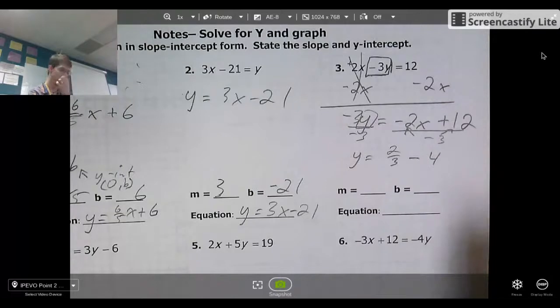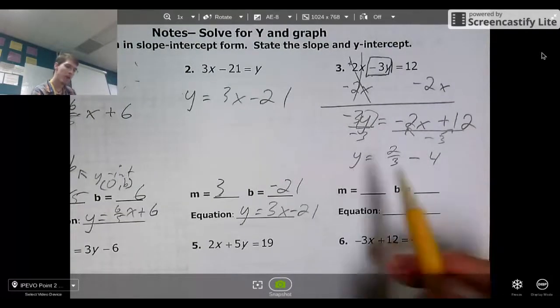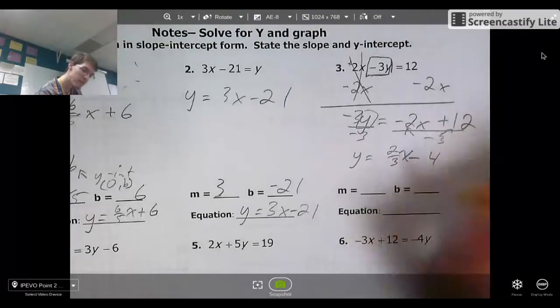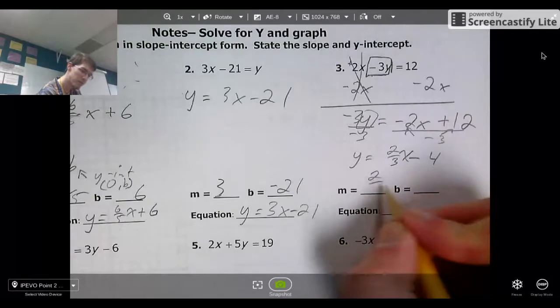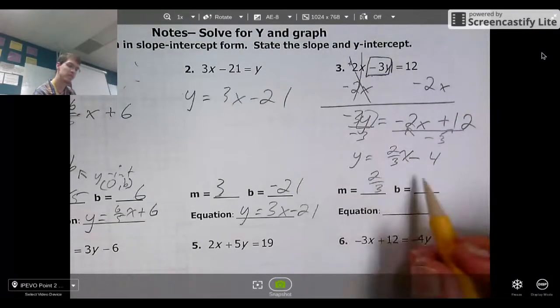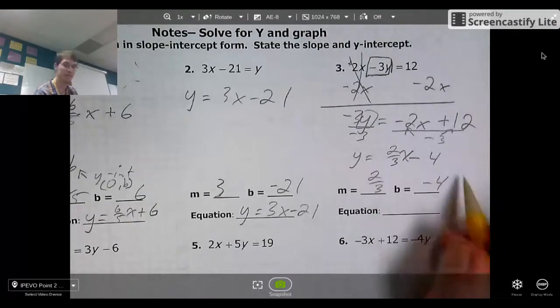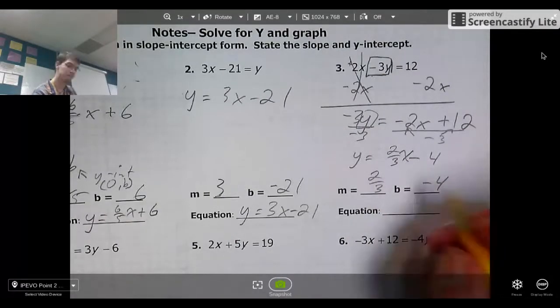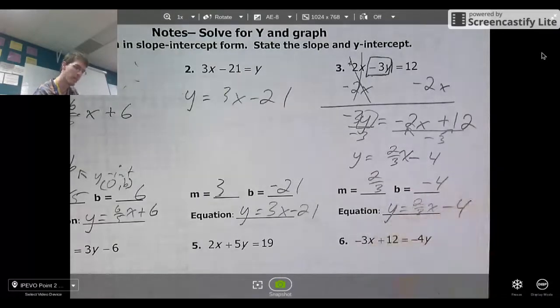I don't often do that, but I did, as you probably will. Y equals mx plus b. The x does not cancel out, so there it is. Our slope is just plain old 2/3. It's y equals mx, whatever's in front of the x, minus 4. So b is minus 4, which means our y-intercept is (0, negative 4). And so there's our equation: y equals 2/3 x minus 4.